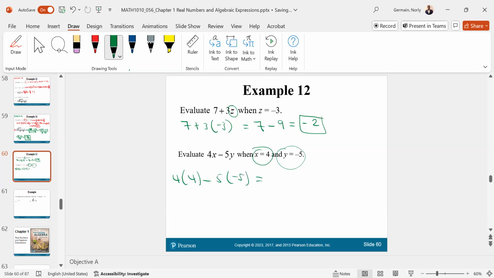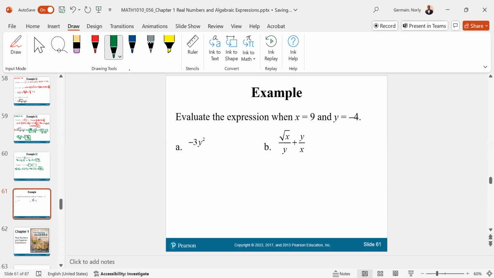All you need to do here is, 4 times 4 is 16. But now if you have negative 5 times negative 5, that gives you positive 25. So a positive 25 at this point plus 16 gives you 41. Okay. One or two more examples to complete this.